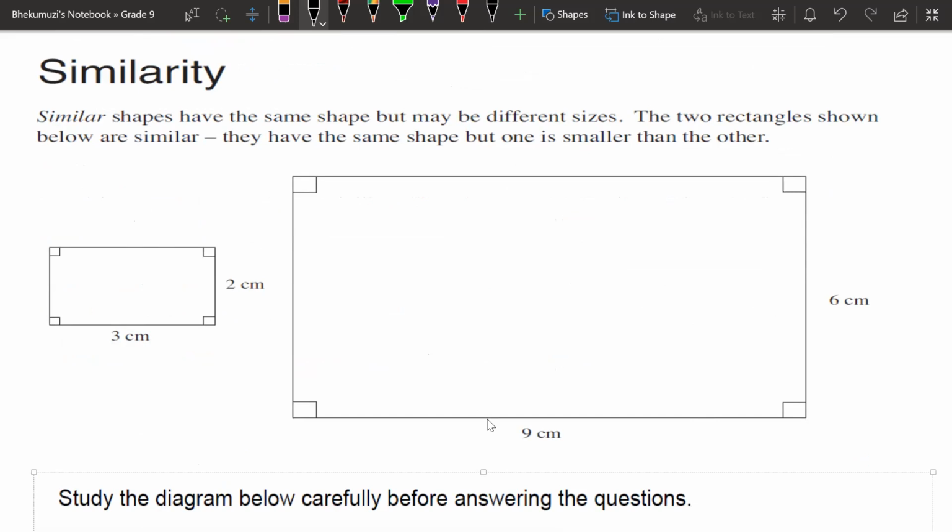But how do you notice that they are similar? If you can prove that all the angles inside, or 3 of the angles inside the shape are equal to each other, then it's quite clear that they are similar, or they have similarity. So in this case, you can see it's rectangles, sorry. So these rectangles, you can imagine we have 90 degrees for all 4 sides, and they also have 90 degrees for all 4 sides.